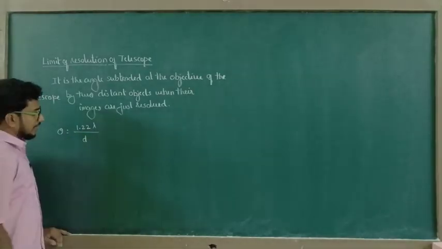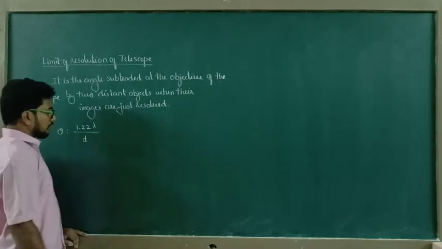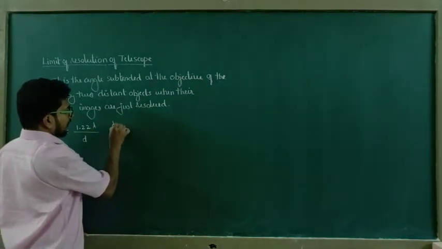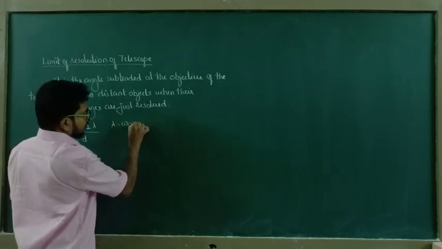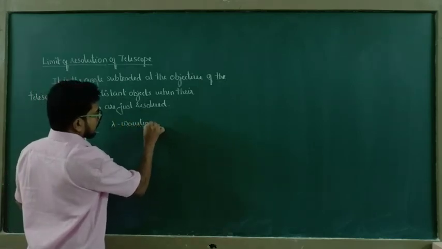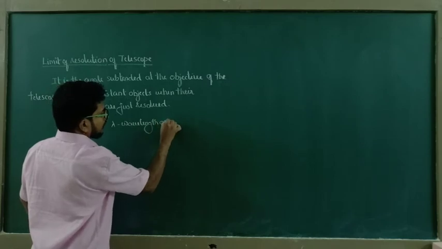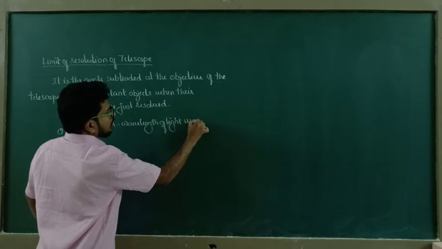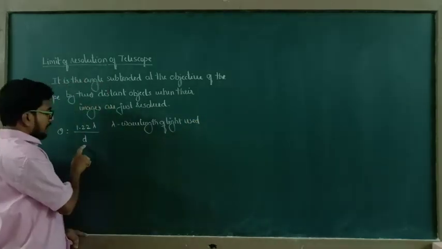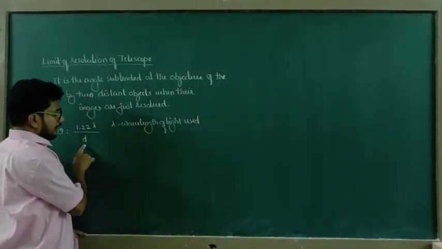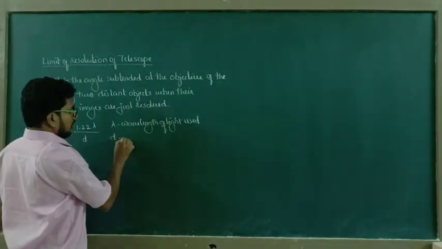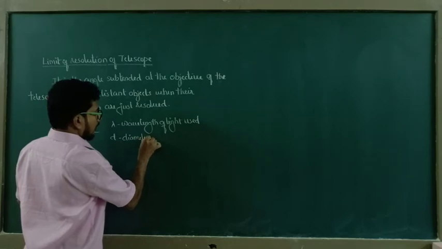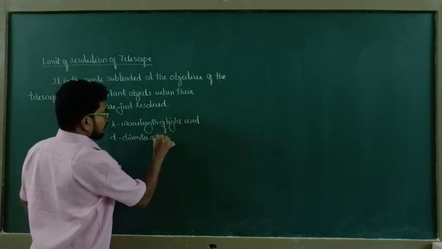Here 1.22 is the correction factor, lambda is the wavelength of light used, and d is the diameter of the objective.